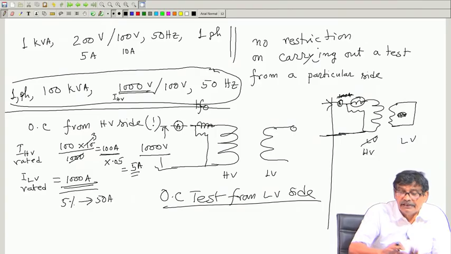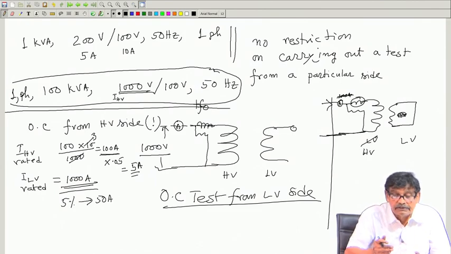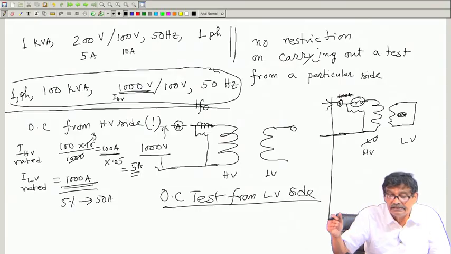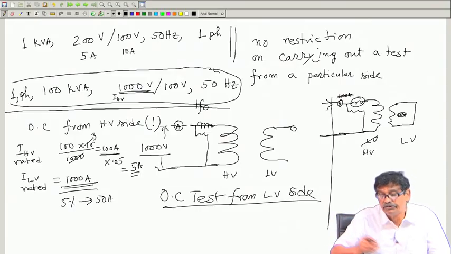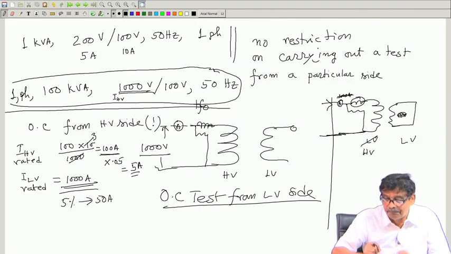Of course, since it is expected you will carry out the test from 2 different sides, at the end, after getting the parallel branch parameters referred to the LV side, and the equivalent series impedance parameters, which you will get from the short circuit test carried out from the HV side, then you stop, you think a bit before drawing the equivalent circuit.